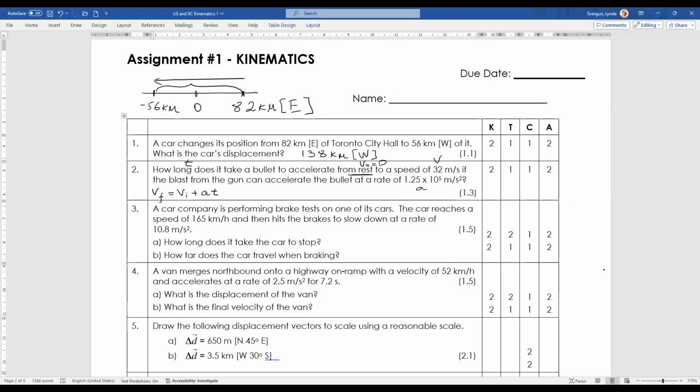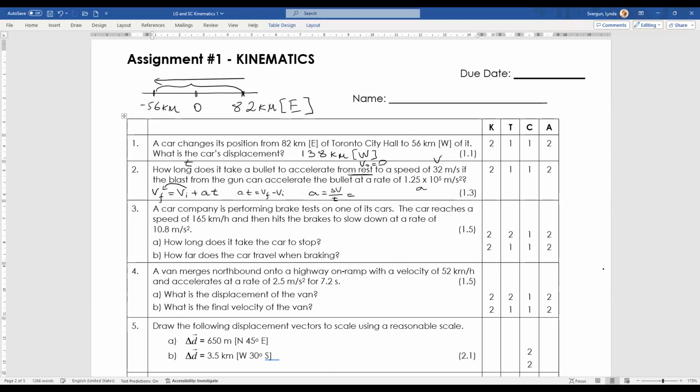So we are rearranging the equation for time. How to rearrange? Move everything else to the other side; whatever was plus or minus, you move to the other side with the opposite sign. What you have: at equals V final minus V initial. Now, how to get time? Divide both sides by acceleration. So it's delta V, change of velocity, over acceleration.